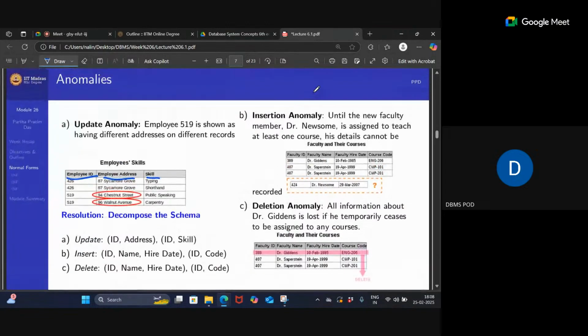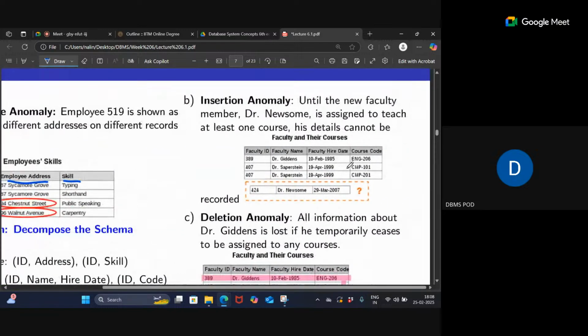What does insertion anomaly mean? Look at this faculty table. The faculty has ID, name, hiring date, and course code. If we have to insert a faculty member who is a new joinee and has not been assigned to any course, we won't be able to insert that faculty because he has not taken any course.